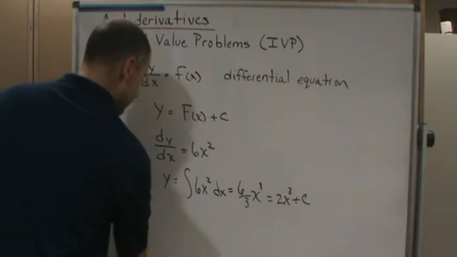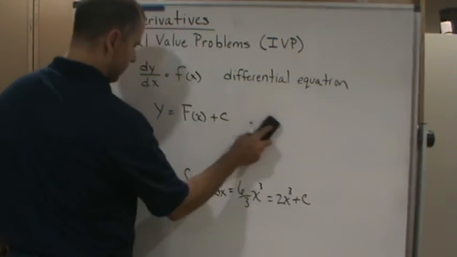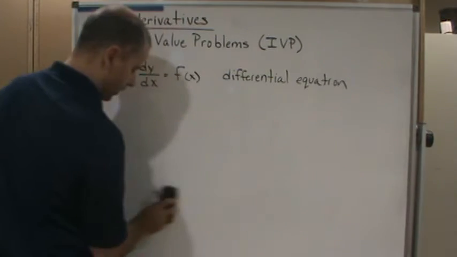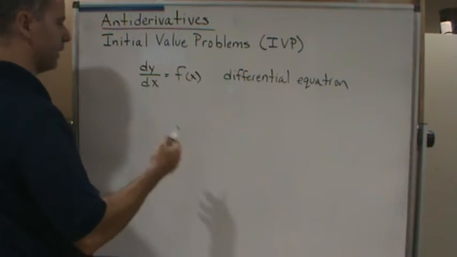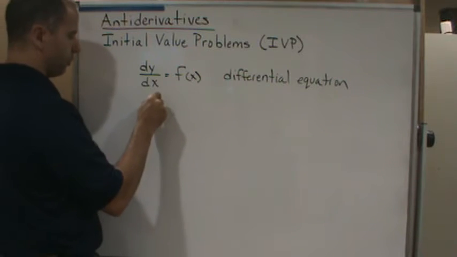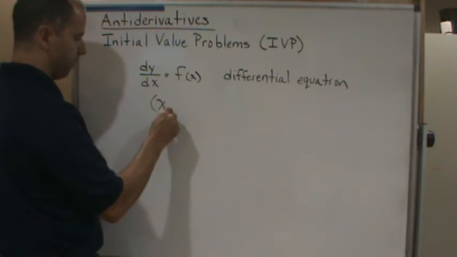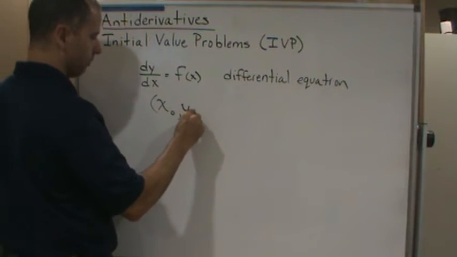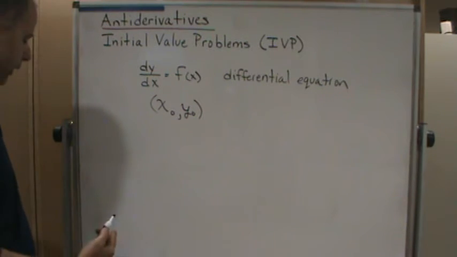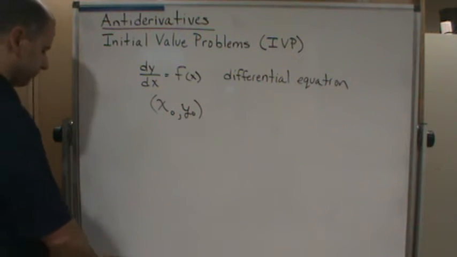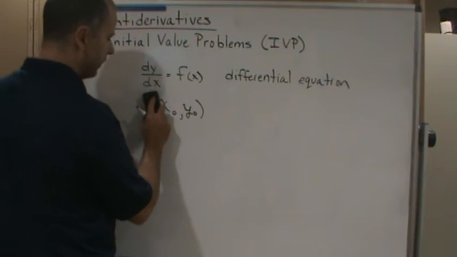So in this case here, let's go back to this. So, like, we want to find whether a particular solution of this goes through a particular given point, x naught, y naught.